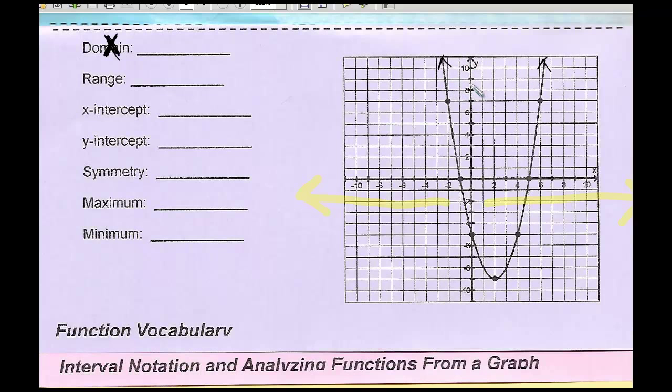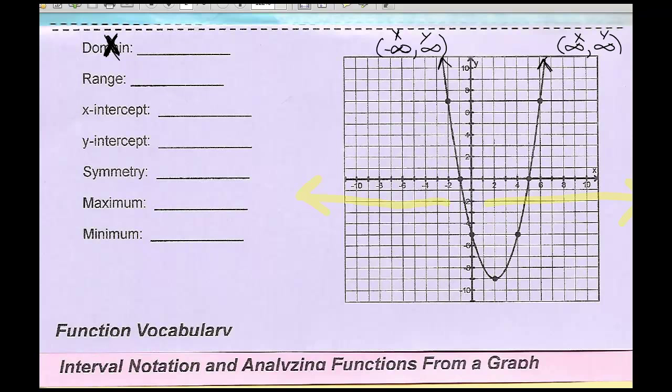Let's look at our quadrants. This side of the graph is in quadrant 2. The signs for this quadrant are negative infinity for x and positive infinity for y. On this side, the graph is in the first quadrant and it's positive infinity to positive infinity for x and y.